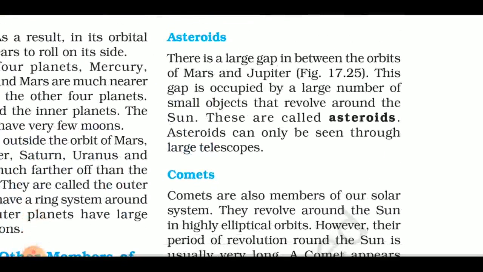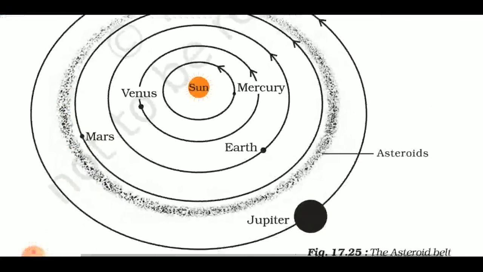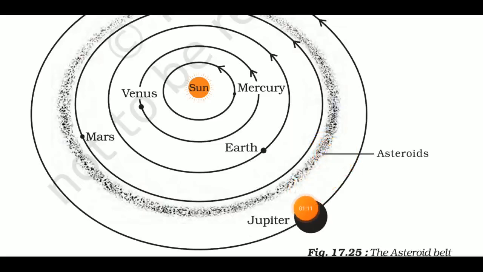First is asteroid. What is asteroid? As you can see here, there is a large gap in between the orbits of Mars and Jupiter. This is Jupiter and this is Mars, and here is the wider gap between Jupiter and Mars.